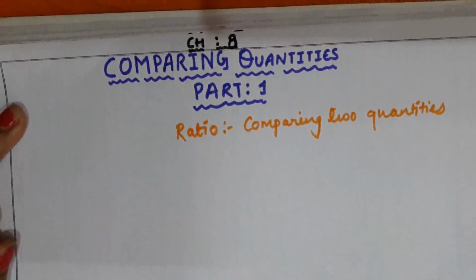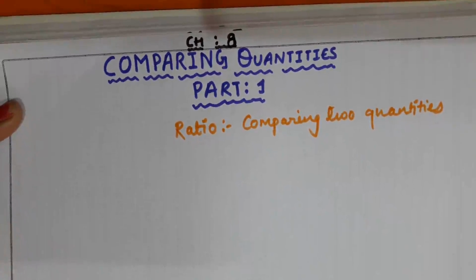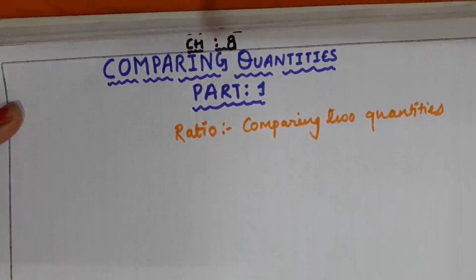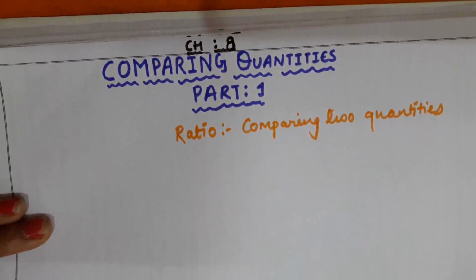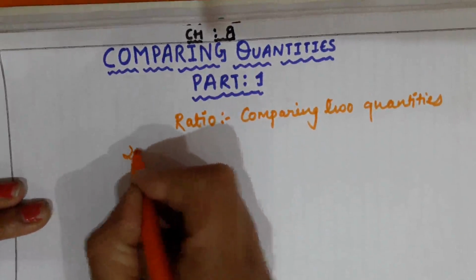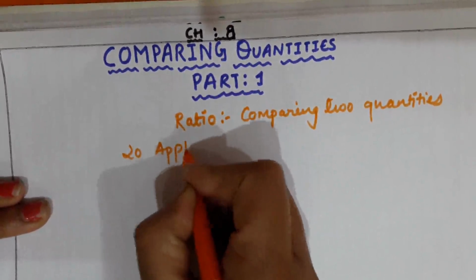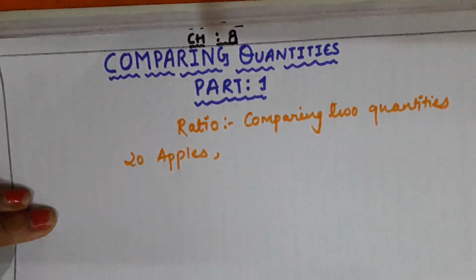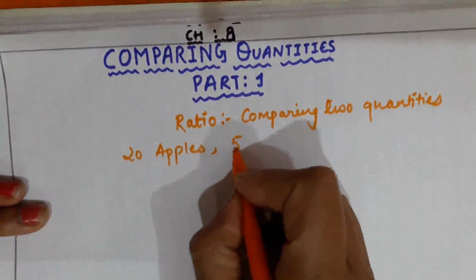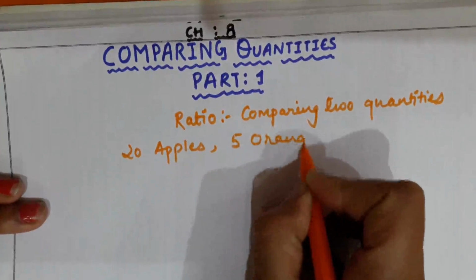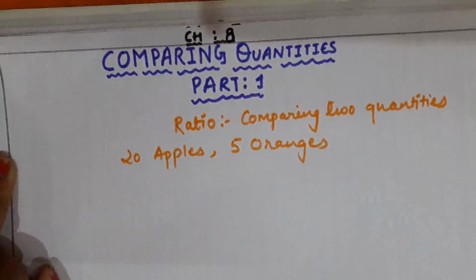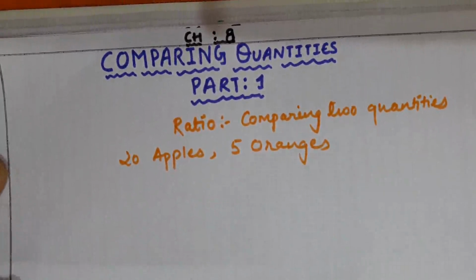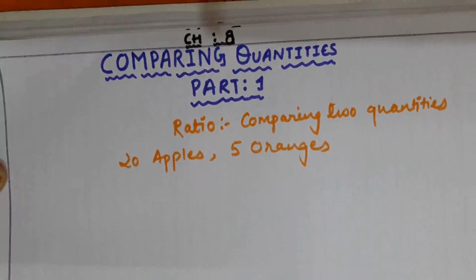For example, a basket has two types of fruit. In one basket we have 20 apples and 5 oranges. Again I am repeating, in a basket we have 20 apples and 5 oranges.